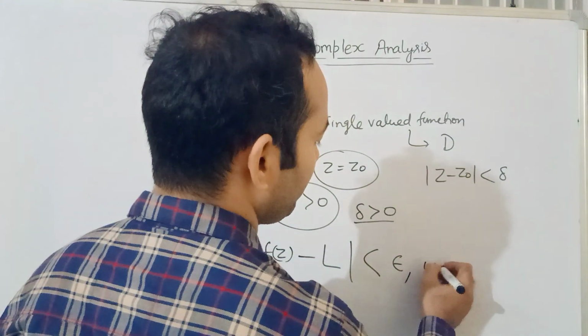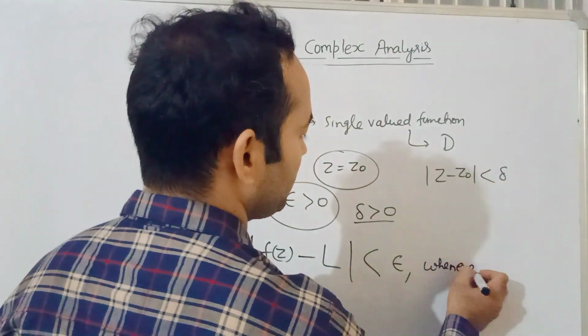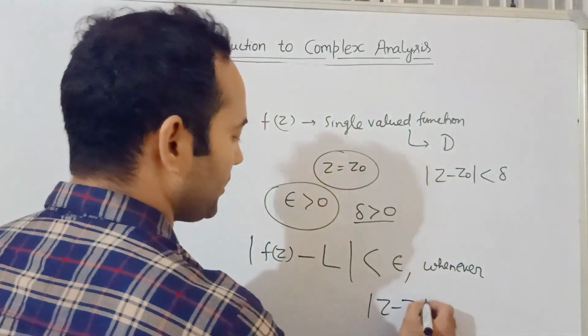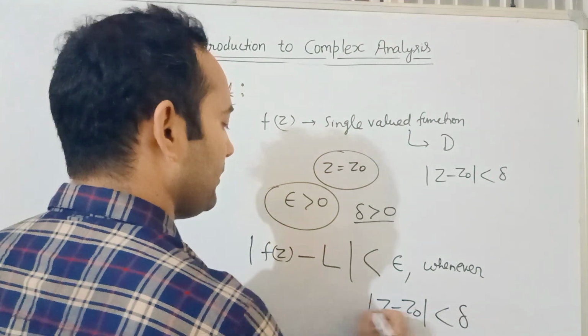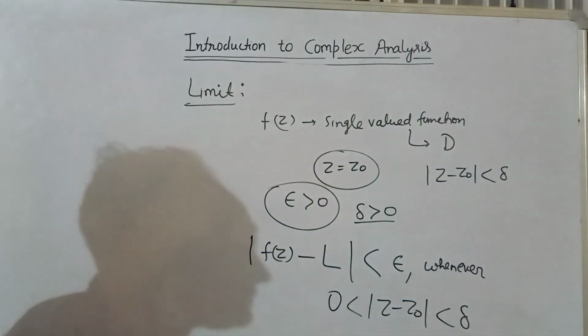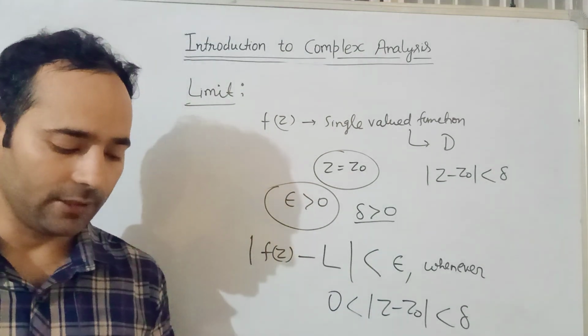This will be true whenever the modulus of z minus z0 is less than delta, maybe in the deleted neighborhood, because at z = z0 it is not defined.